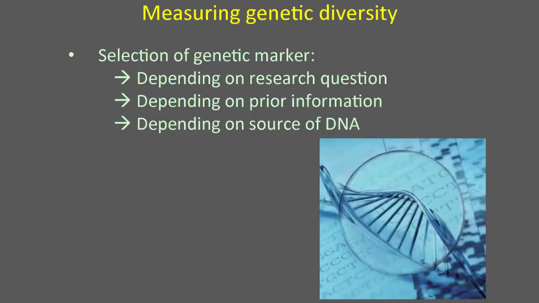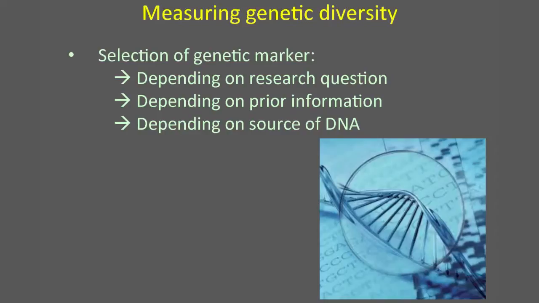And to a lesser extent, it also depends on the source of DNA, because if you need long pieces of DNA, it's typically quite hard to get that from, for instance, scat samples, or what we call ancient DNA samples, like museum samples, because the DNA is already fragmented in those.